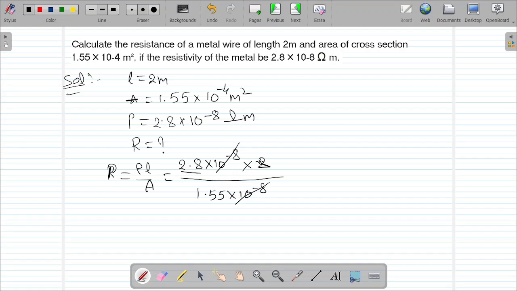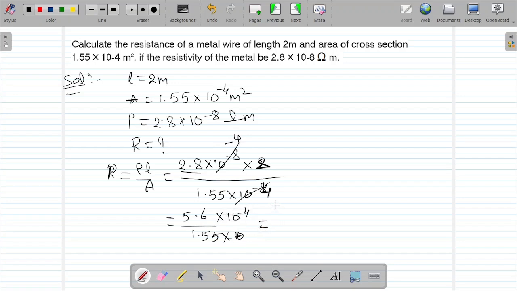So 2.8 into 2 is 5.6 by 1.55. Okay, so it is 10 power minus 8, so into 10 to the power of minus 4 in the denominator as well.